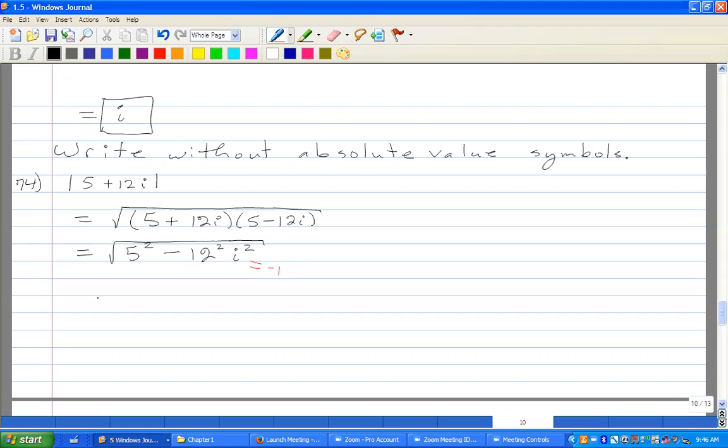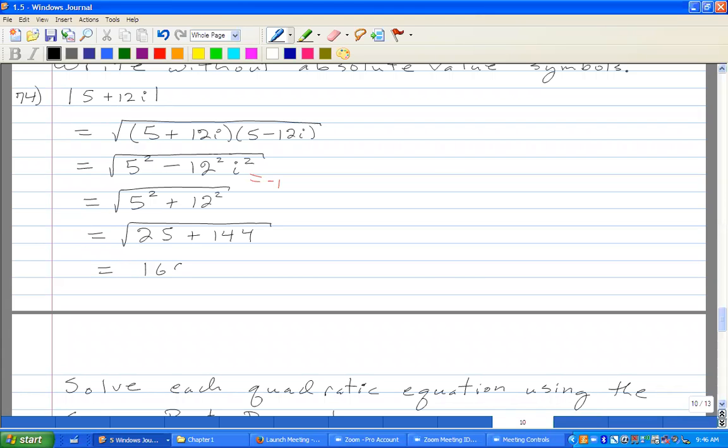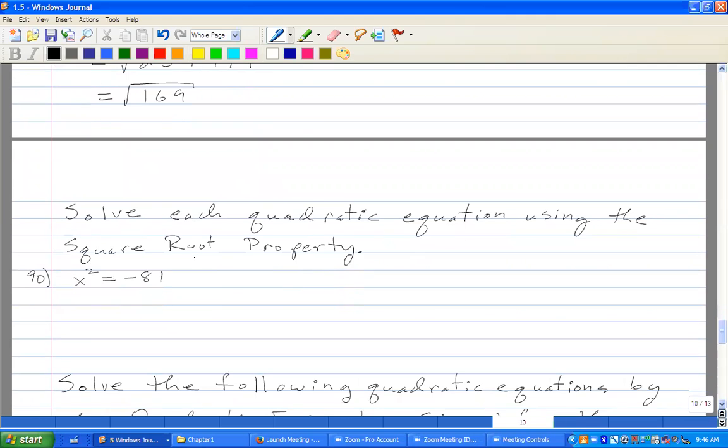And so this is just equal to the square root of a squared plus b squared, which is what we had before. And so this is the square root of 25 plus 144, square root of 169 is 13.